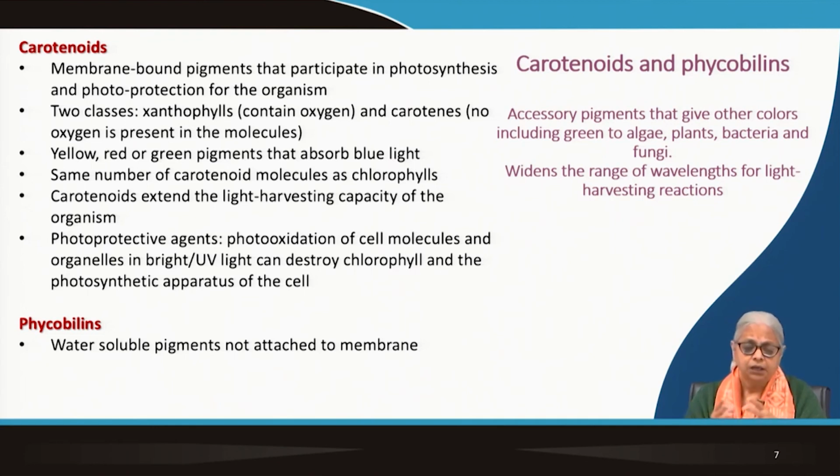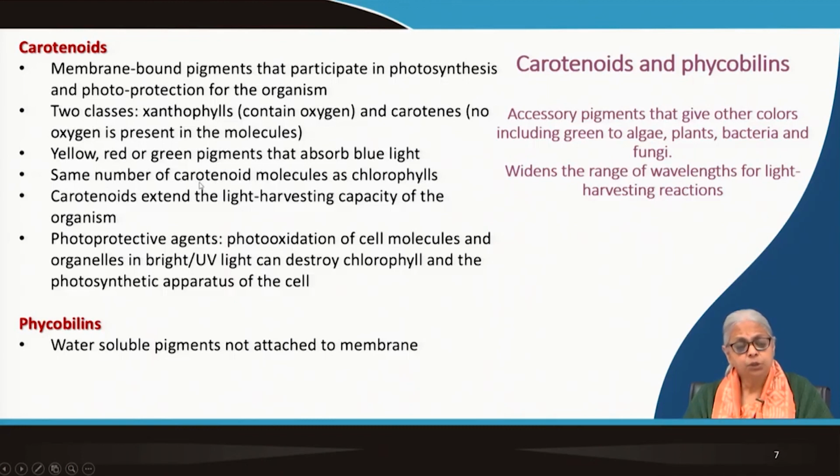You all know that UV light in many cases has been blamed for a higher incidence of skin cancers in human beings. Similarly, for plants and other pigmented organisms, it can cause severe damage to the genetic material of that organism. So photoprotective agents are required, and carotenoids perform that function by absorbing blue light. Simply by absorbing blue light, they are protecting the rest of the material of the organism from damage.